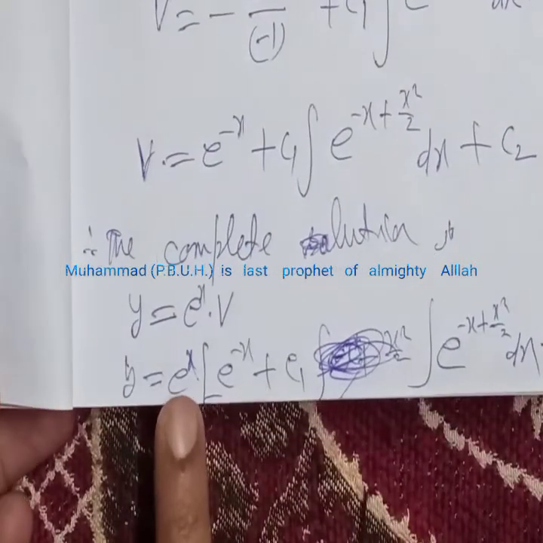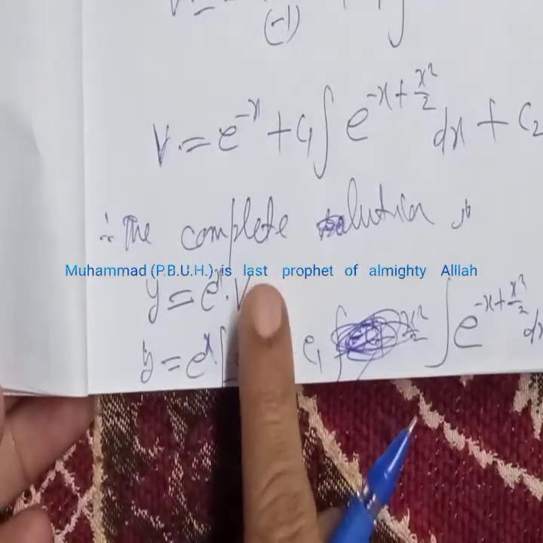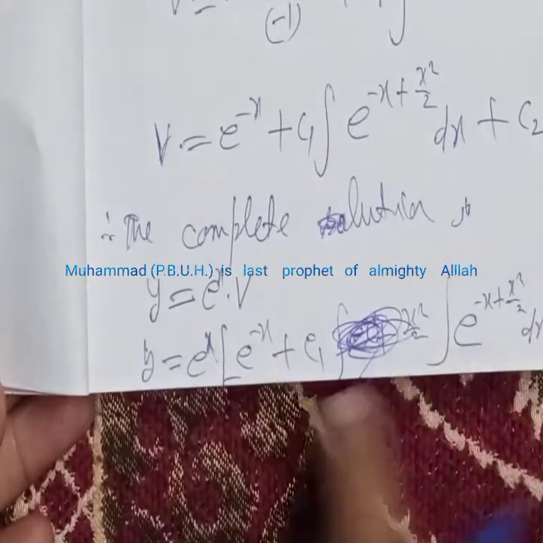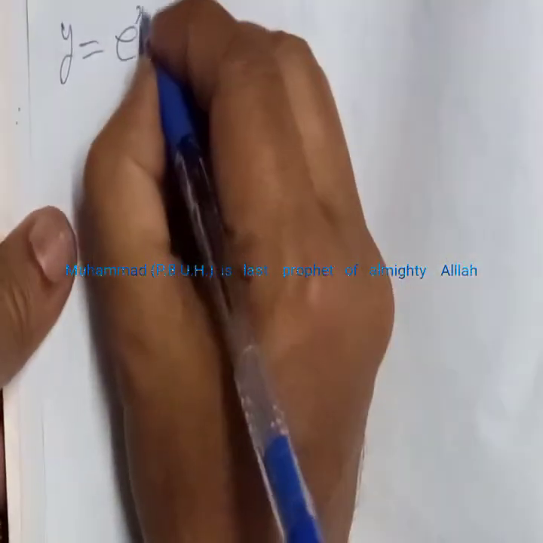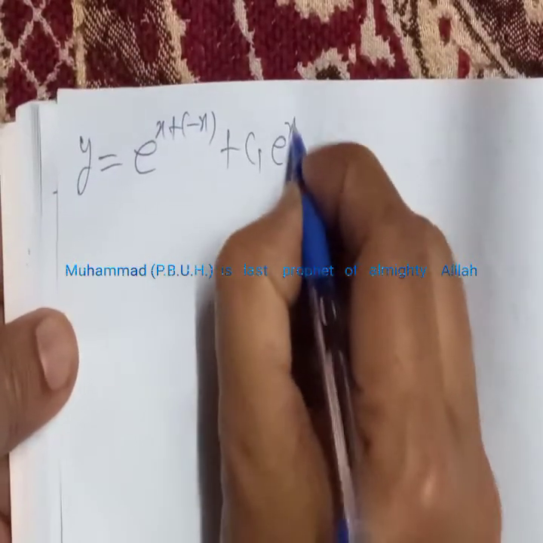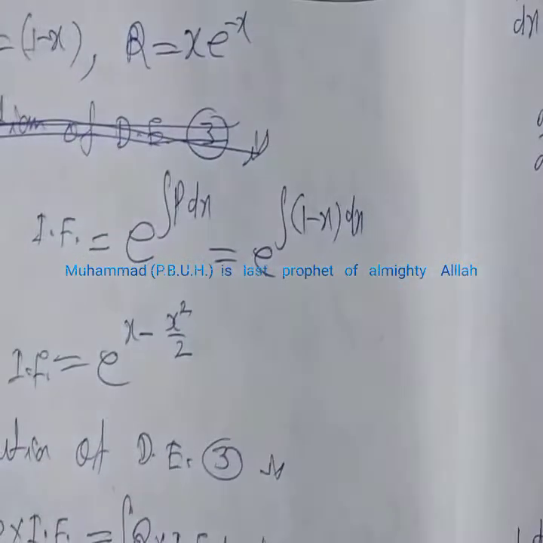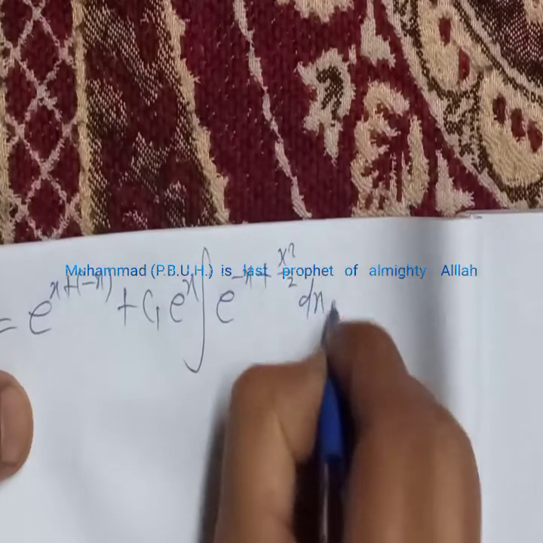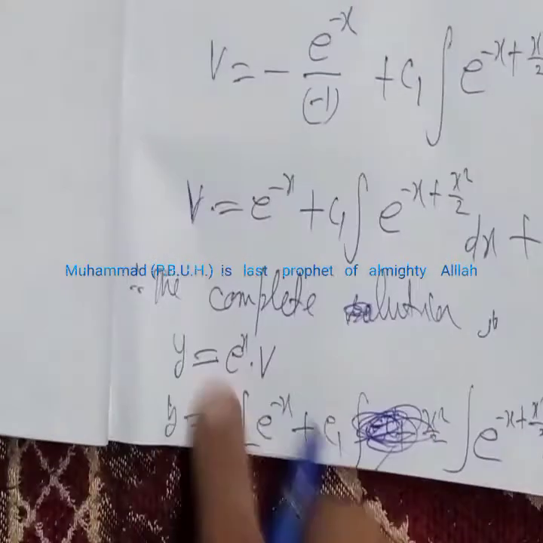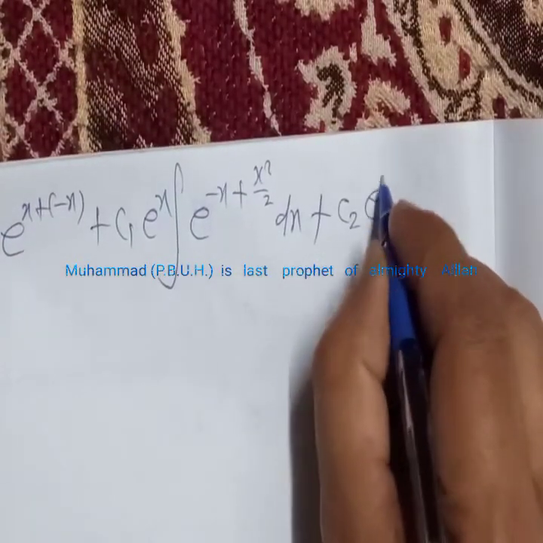You can open this bracket and multiply e to the power x in all three terms. We get y is equal to e to the power x minus x, plus c1 e to the power x times the integration of e to the power minus x plus x square by 2 dx, plus e to the power x also multiplied to the last term c2, so we get c2 e to the power x.